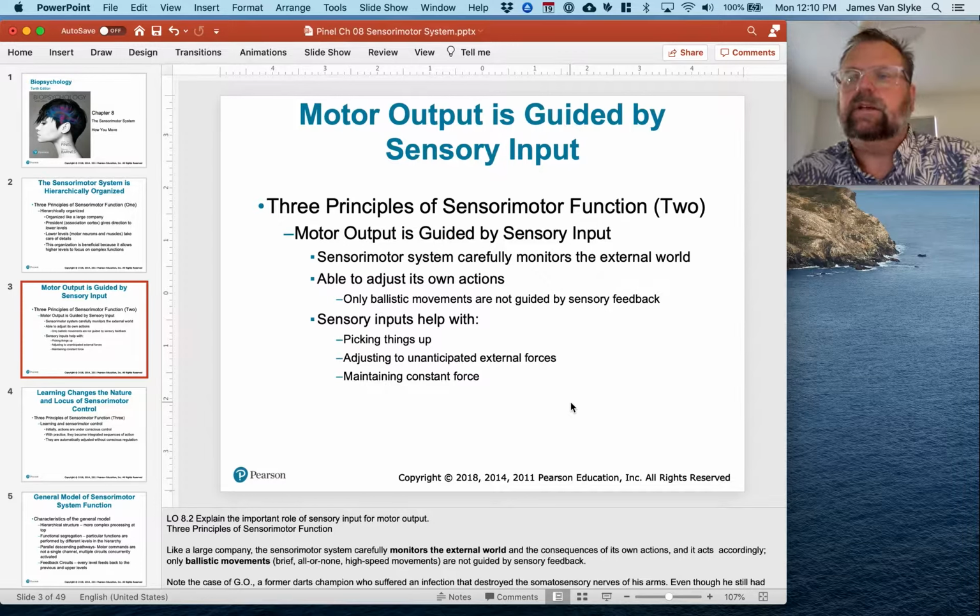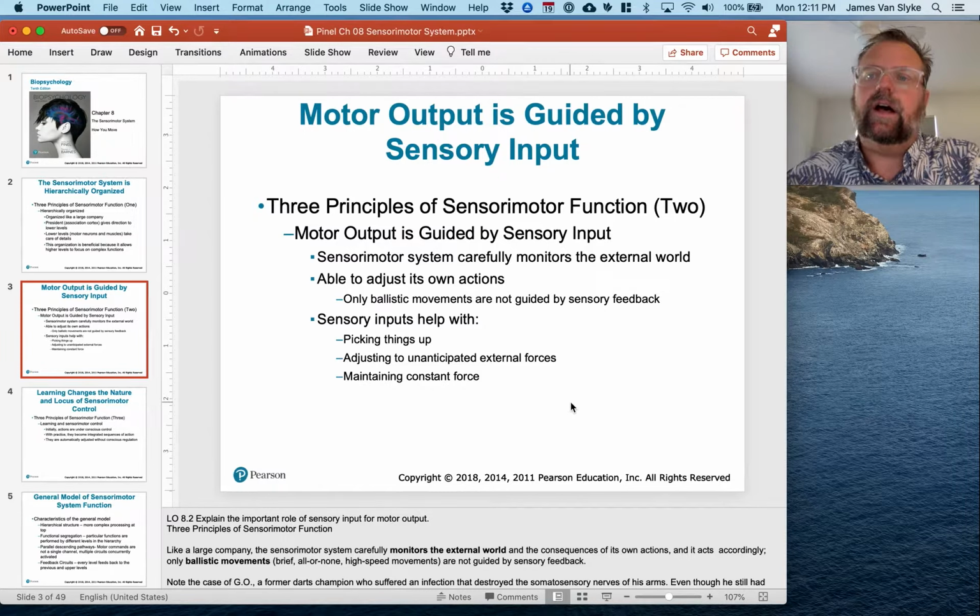And that sensory information is fed into our motor systems, and those systems work together to output adaptive behaviors. So our sensorimotor system is always monitoring the external world. We adjust our actions to fit what we're trying to do.